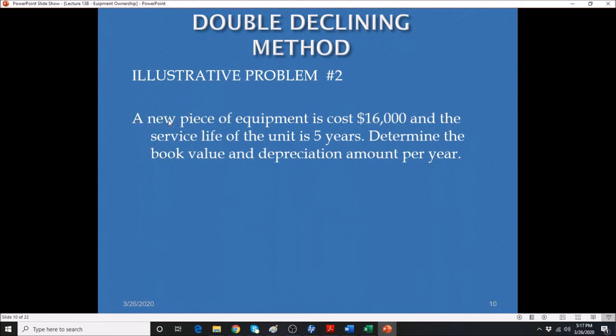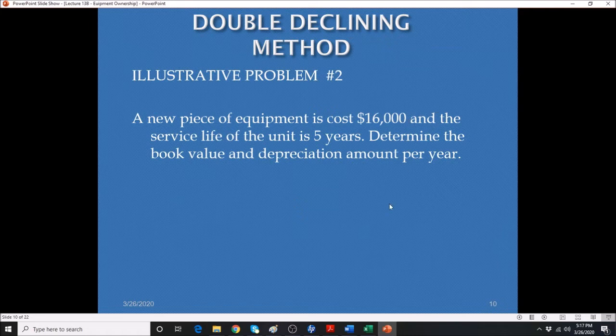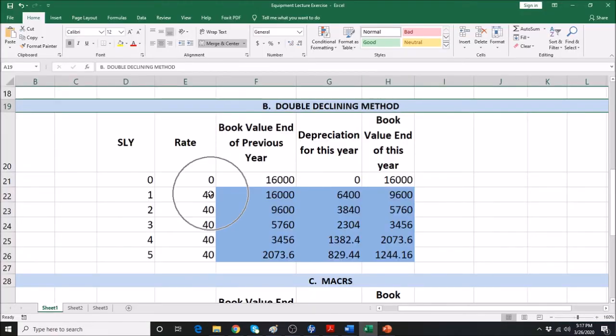So if it is purchased new, you have 200% divided by the service life. In this particular case, the service life is 5 years. So 200 divided by 5, plug in here, that's 40%. There you go, you have those 40% values.